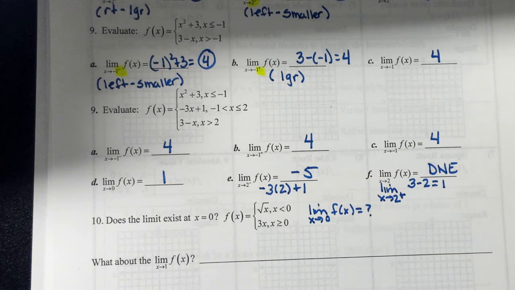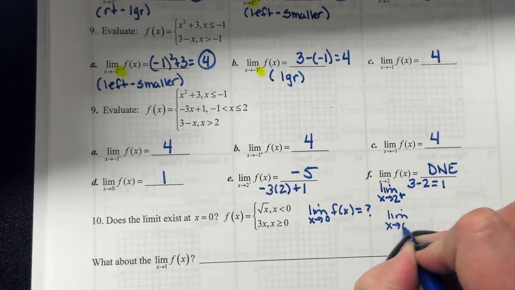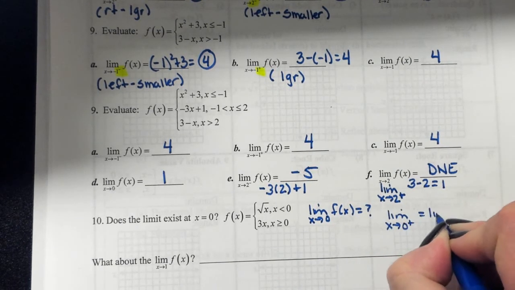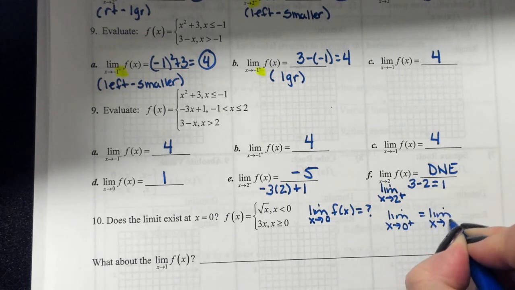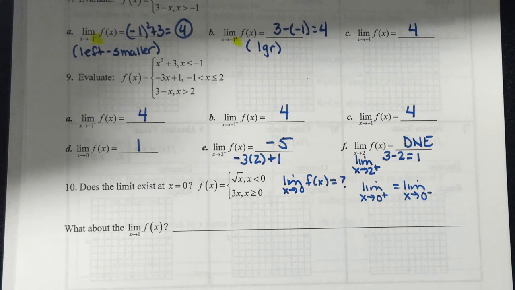They have to be the same. So first I have to find the limit as x approaches 0 from the right, and see if that's equal to the limit as x approaches 0 from the left. Anytime you're asked to find a two-sided limit, you always have to know what's happening on the right and on the left.